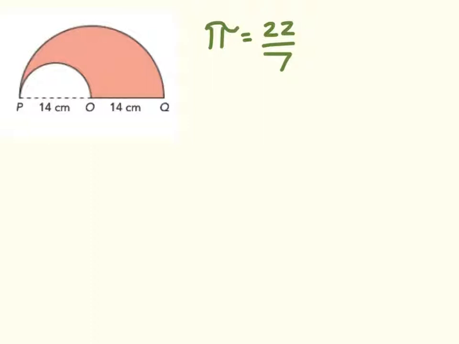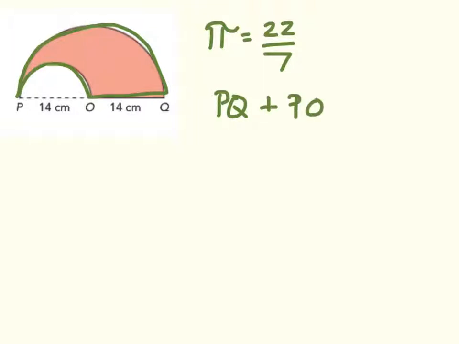Okay, so what we're looking for is this length. If we could wrap a measuring tape around that, what would the measurement be? All right, so to find the distance around the shape, we have to add up the two arc lengths. We need to add up the length of arc PQ, and we need to add the length of arc PO. We know how to solve for both of those, so let's get to it.